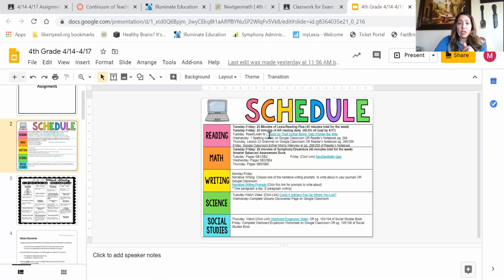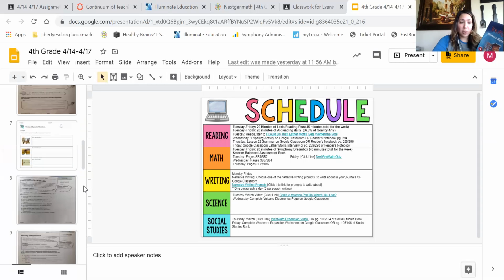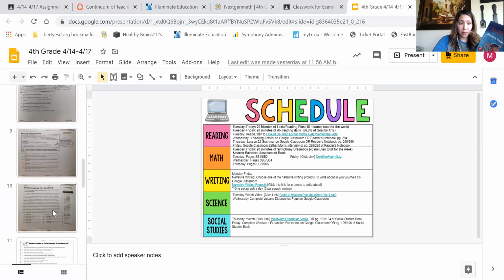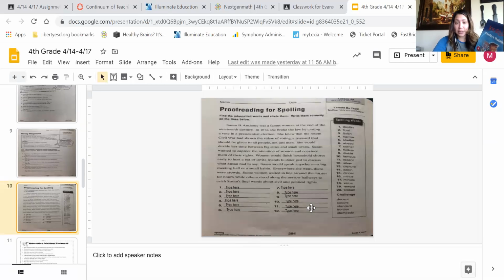Okay. So Wednesday, it says one spelling activity on Google Classroom or Reader's Notebook, page 294. What that means is you can either go to page 294 in here, or I also have it uploaded right here. There's 294. Okay, if you wanted to still do the workbook page, but type it in.